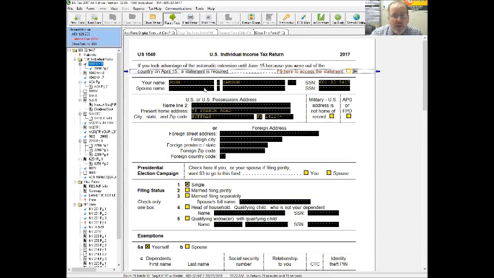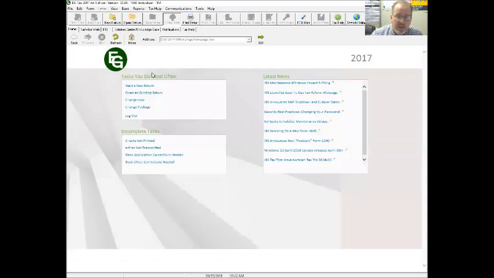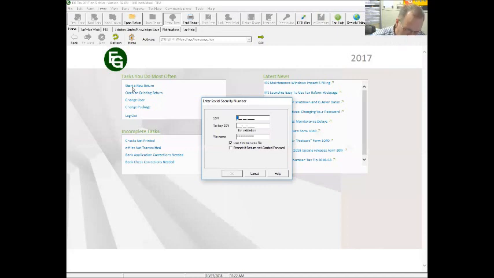So we have George and Jean Van Etten. I'm just going to bring up one that somebody had already done so that we don't have to worry about typing everything in, and I'll show you some things on this.